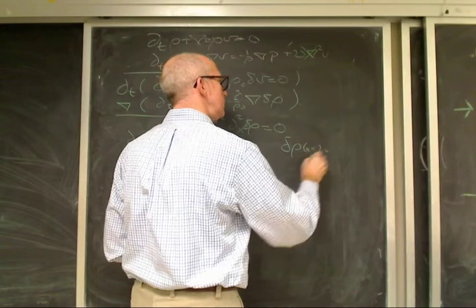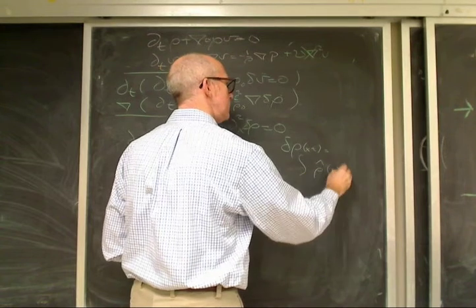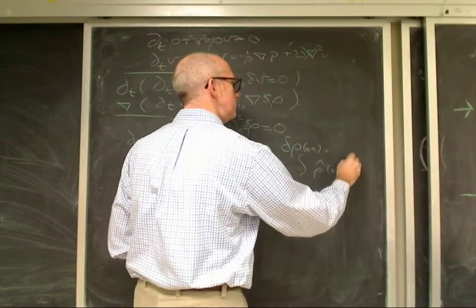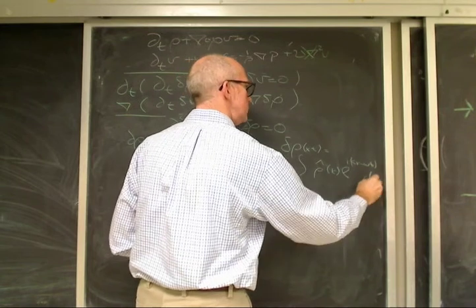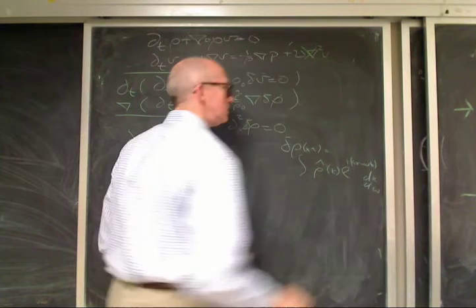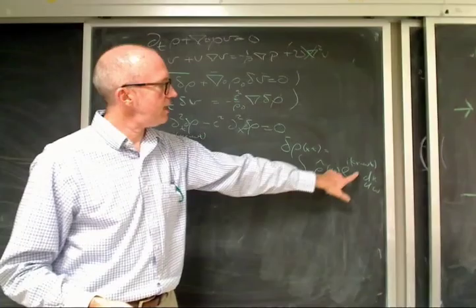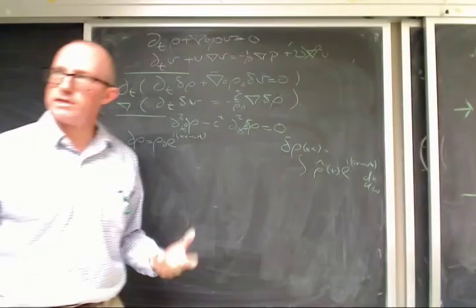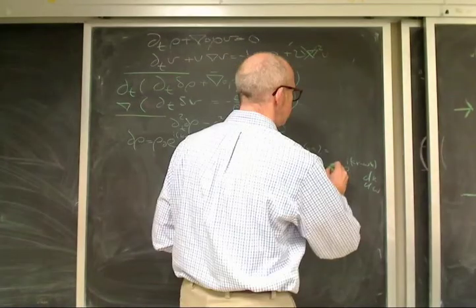This is equal to the integral of, we'll call this rho hat of k, e to the i(kx minus omega t) dk d omega. So I have two Fourier transforms, e to the i kx and e to the i omega t. So I've got two Fourier transforms that I'm doing. Rho hat is a function of k and omega.